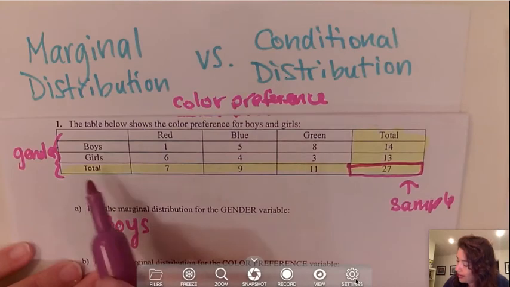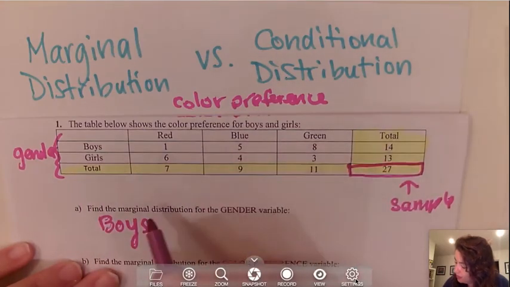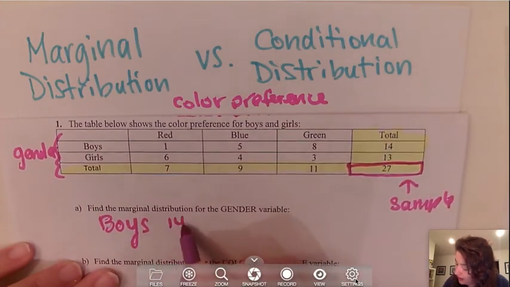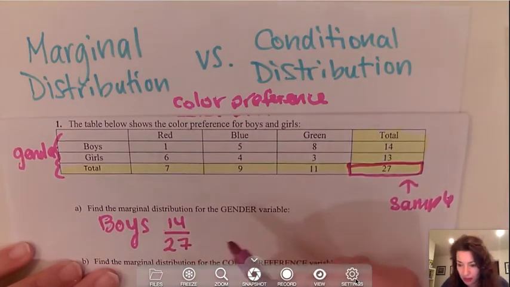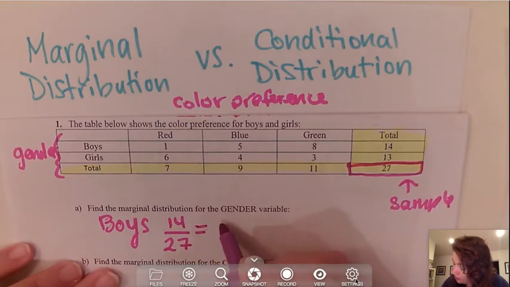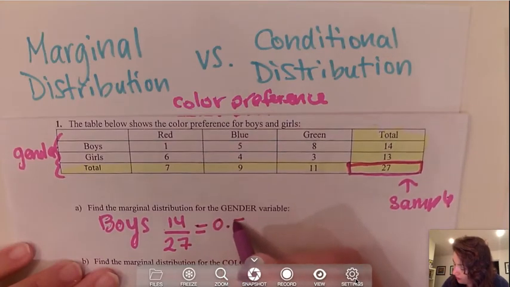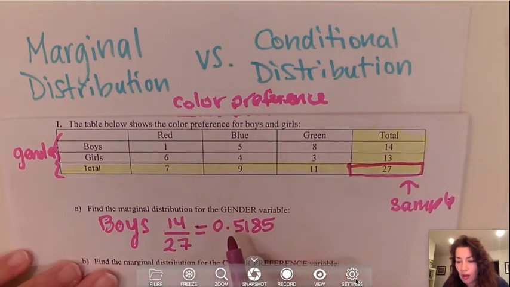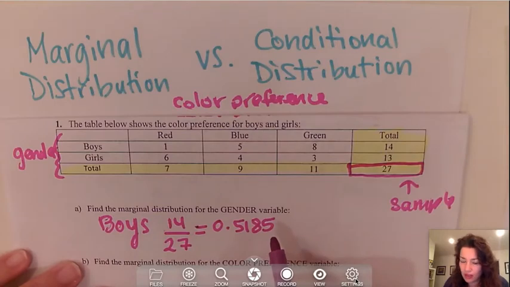So we would go ahead and say that would be 14 out of the total sample, which is 27. And if you calculate that on a calculator, that comes out to 0.5185. Now, you do want to always leave 4 decimal places, but at least 3.